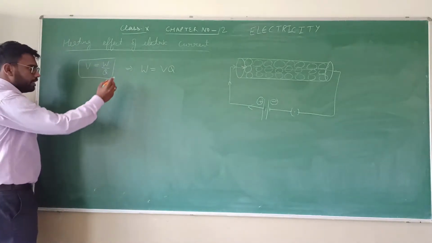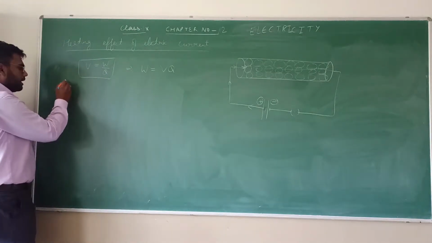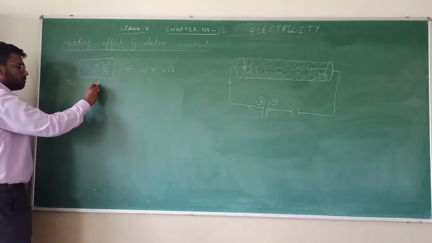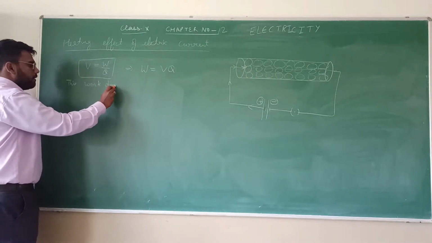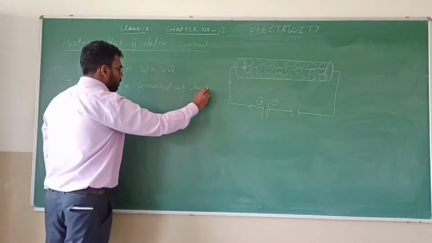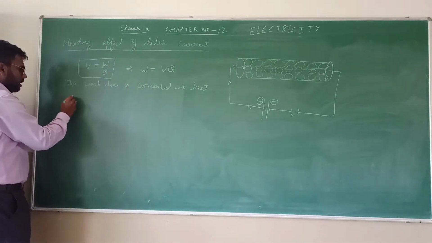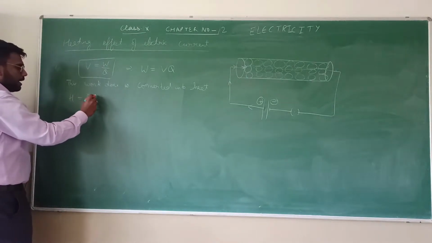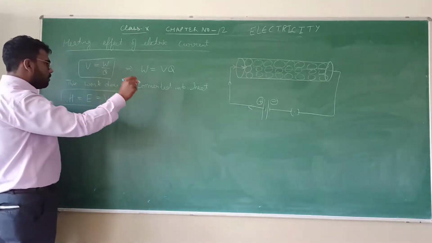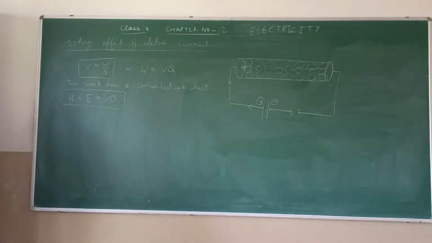So I can say this work done is converted into heat energy. So I can write heat, or energy, as H is equal to VQ. This is the formula for heat generated in a conductor when there is flow of current.